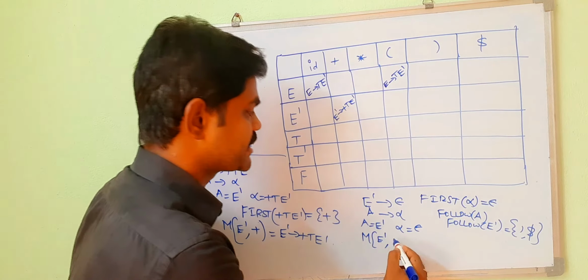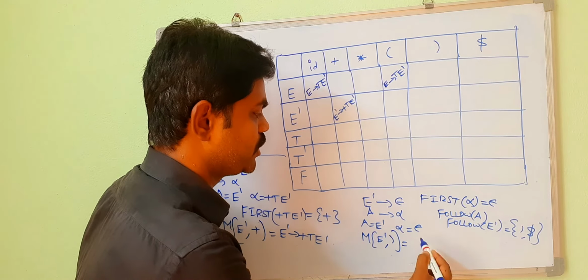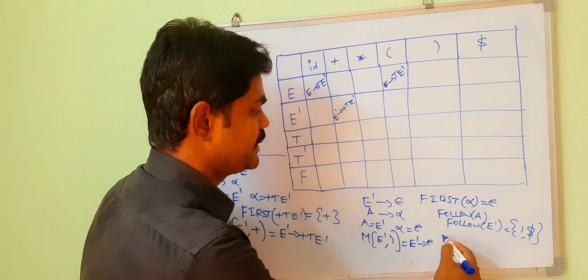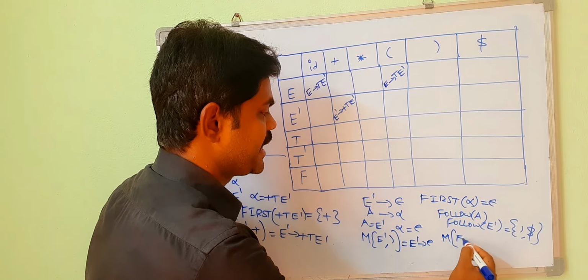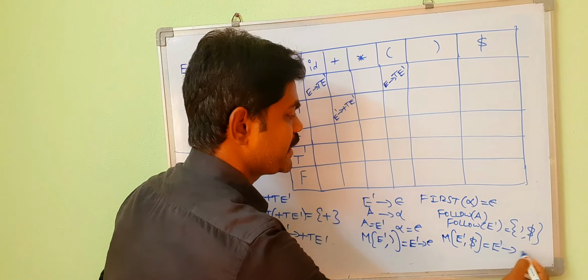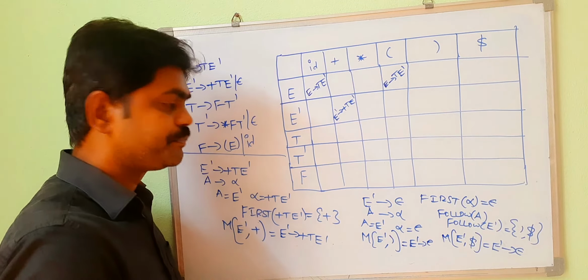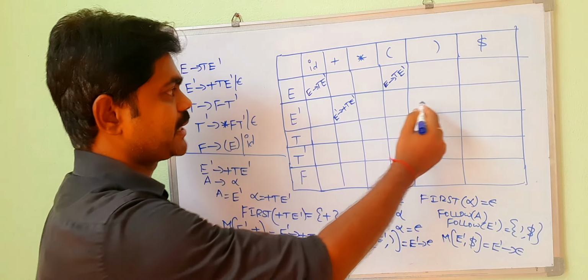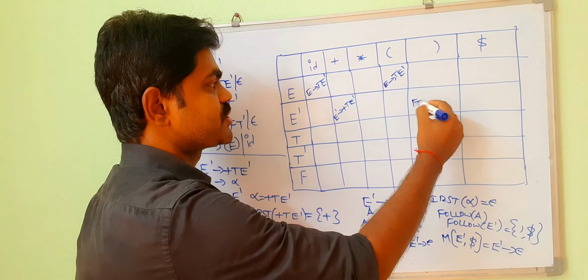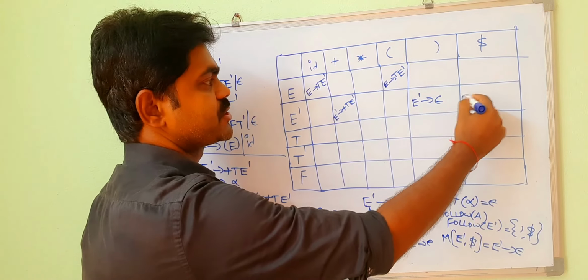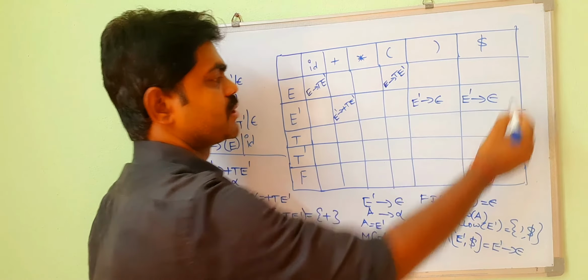So M of E dash comma right parenthesis equals A tends to alpha, that is E dash tends to epsilon, and M of E dash comma dollar equals E dash tends to epsilon.